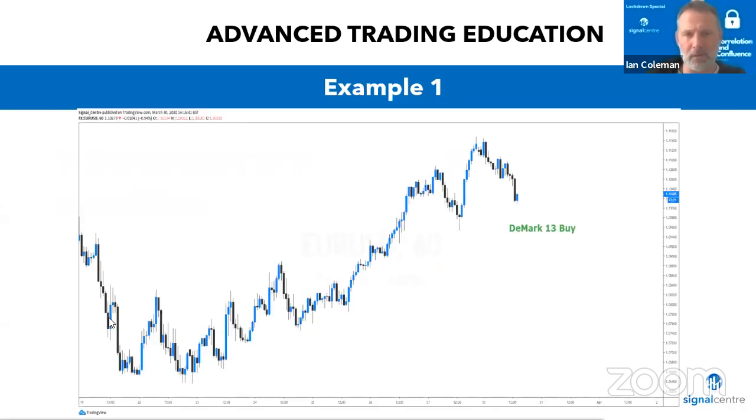So here we've just gone to the first one. Remember, we're looking at a euro sterling long. So I want to be long euro, or more positive in euro, and I want to be negative or more negative in sterling. So here, and this was the hourly chart, I've got a DeMark 13 buy count. So that's a euro dollar 13 buy count.